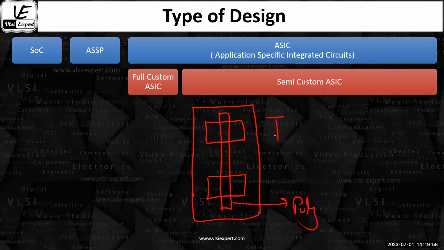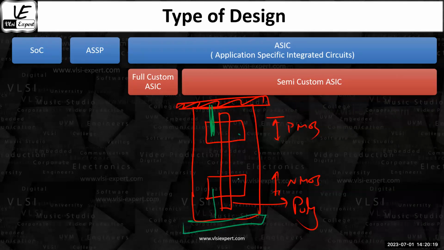Then we say, this is my PMOS area, this is my NMOS area. And then this I'm going to connect, this again I'm going to connect, and this is my output. This is my input.